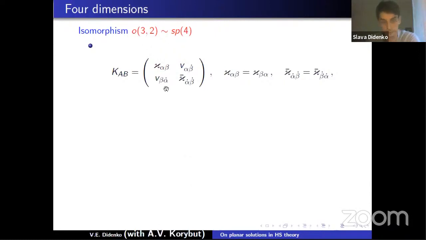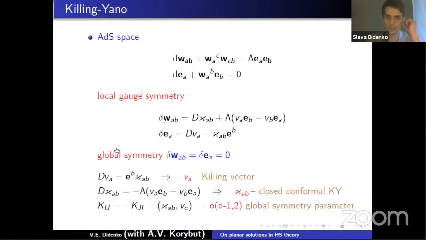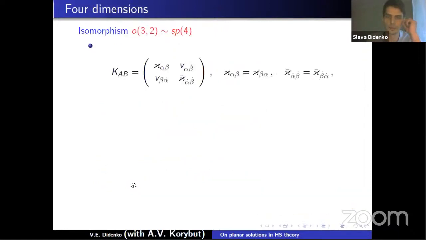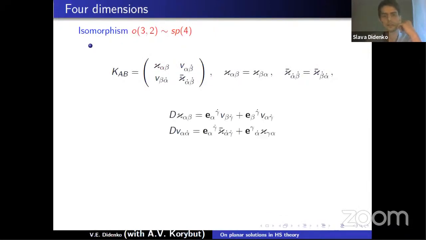It allows us to rewrite that global symmetry parameter in the form of this 4x4 matrix, where kappa and V fill the spinorial representation of these vector objects, being 2-dimensional matrices. Kappa is symmetric in alpha and beta. And the equations for the global symmetry parameter acquire this simple form.